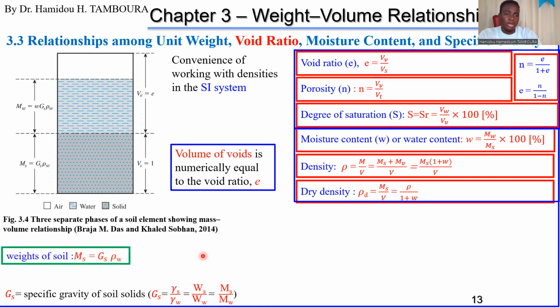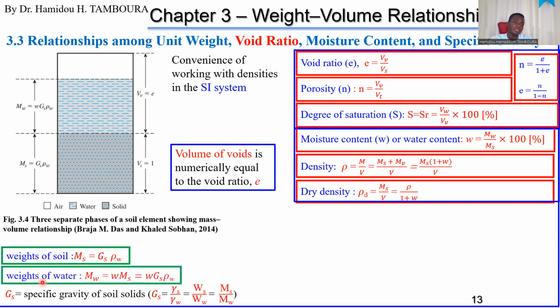So we established again the mass, not weight here, sorry. I just copied from the previous one and replaced mass of solid. S is not for soil, S is for solid here, the solid phase of the soil. And mass, not weight again, of water.